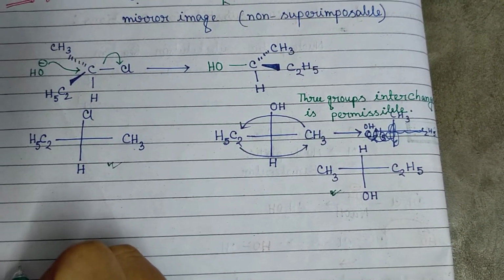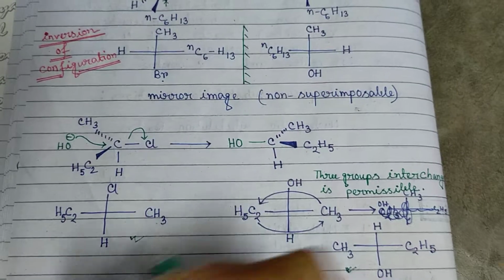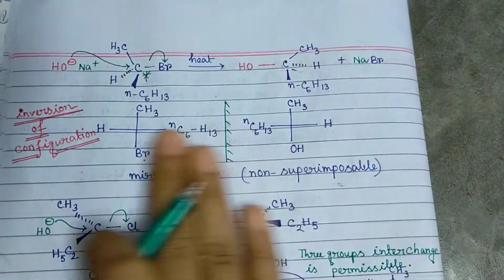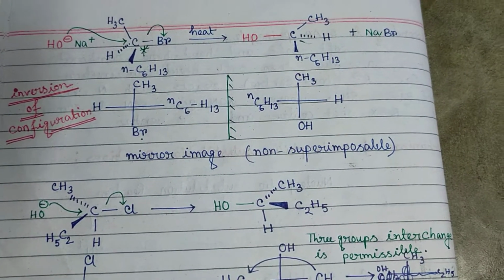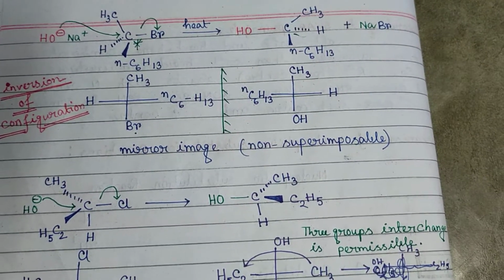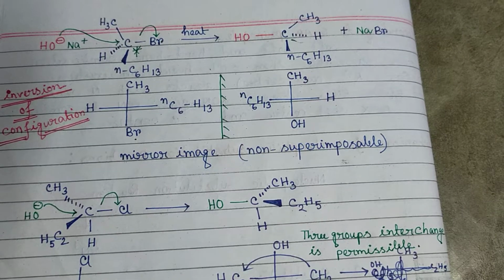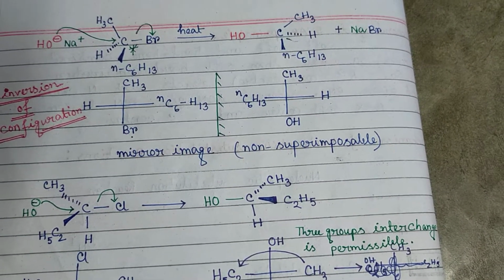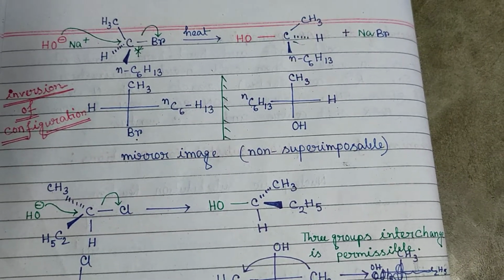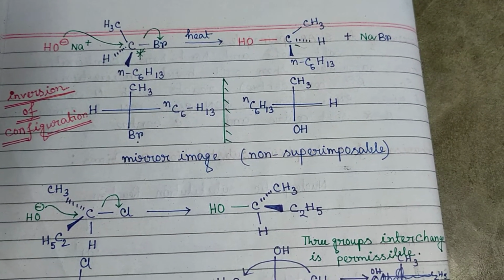So this is the result of SN2 reaction, which occurs through the inversion of configuration. For more details on this topic, inversion of configuration, we have to follow another video which will be on chirality, optical rotation, optical activity, and we will discuss it later.